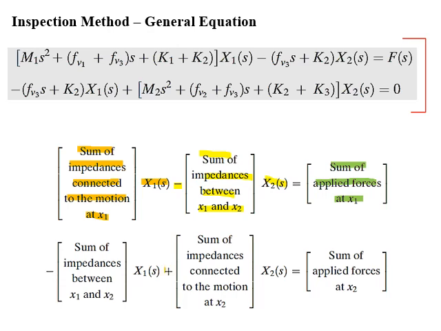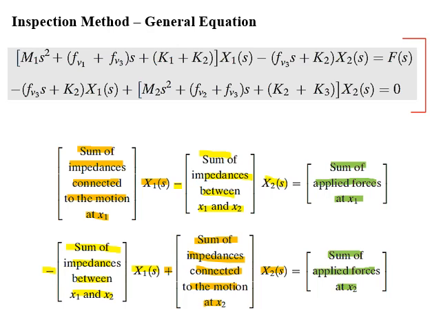Now the second equation is for m2 and is made up of the sum of impedances which are connected to the motion of x2 multiplied by x2 of s, subtracting the sum of all those impedances which are common between x1 and x2 multiplied by x1 of s, and this will be equal to the sum of applied forces at x2.